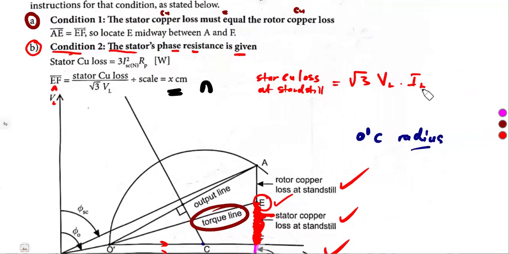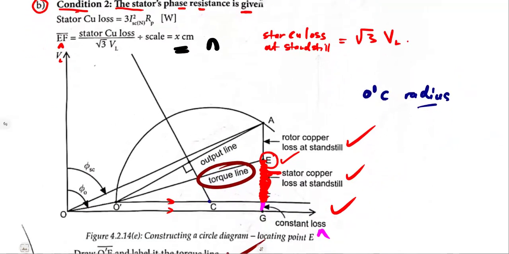Then we must, in this case, multiply by the corresponding vector, because the current is no longer presented. We are dealing with a vector. So we are going to use that vector EF from E to F. Remember, that is the part of our stator copper loss at standstill. So that is where we're going to have our vector EF.